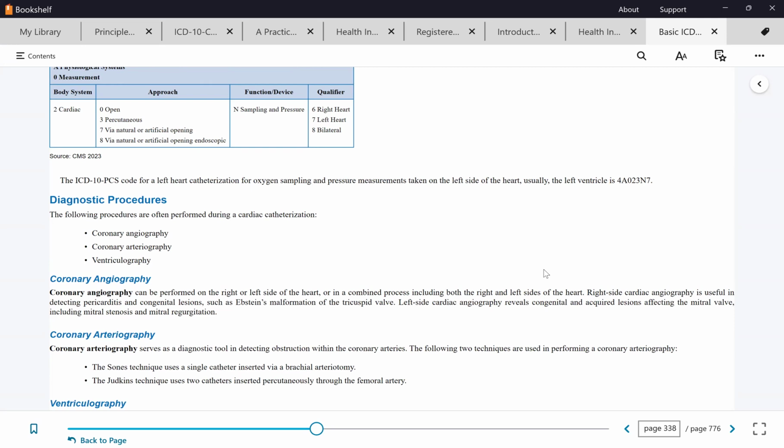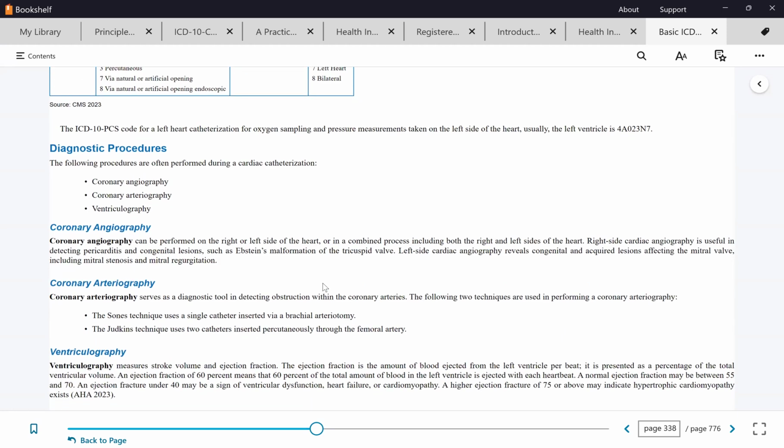So you have to read the documentation very, very carefully. If you're not sure what some of these procedures are, please look them up. I think it will save you a lot of time in the long run.